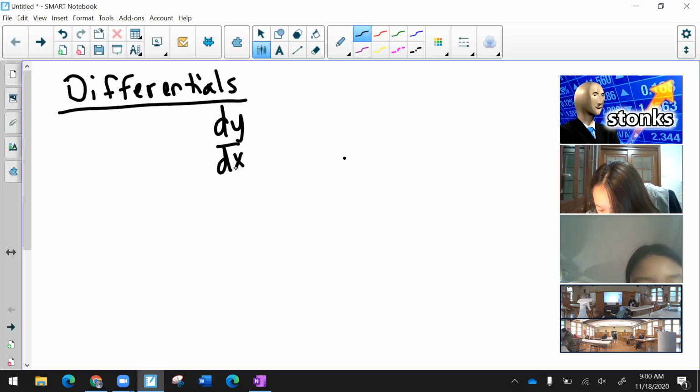You can think of dx as some kind of independent variable and dy as some kind of dependent variable. Another way of writing this, of course, is f prime of x. So we think about this as maybe we're going to find f prime of x using the equation of our function.